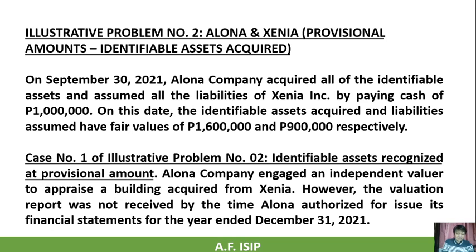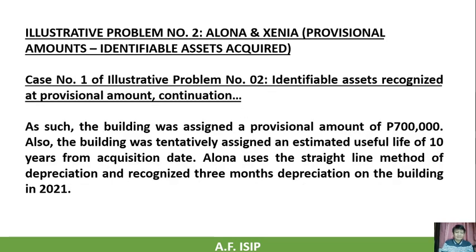Because she is compelled to issue audited financial statements with a cut-off date of December 31, 2021. Let's continue. As such, the building was assigned a provisional amount of 700,000 pesos. So now we will apply the provisional amount. We will now apply the measurement period.